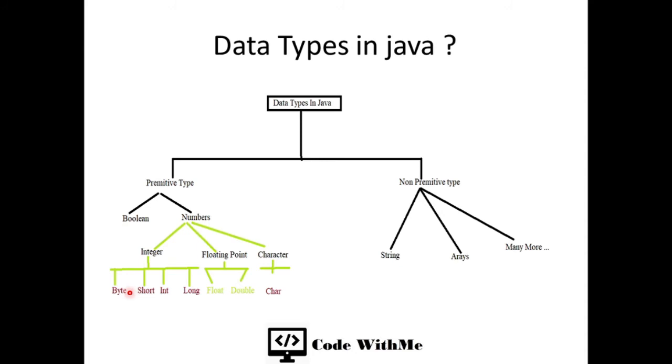You can see they divided the integer type into four types, and floating point also into float and double, and character as char. The primitive data types are of these types. Just recap: byte, short, int and long, float and double, and char.